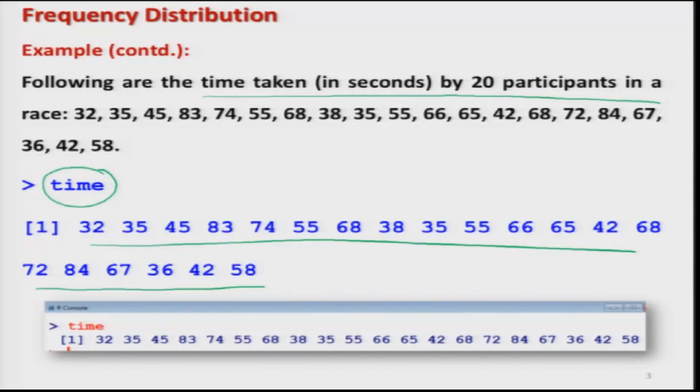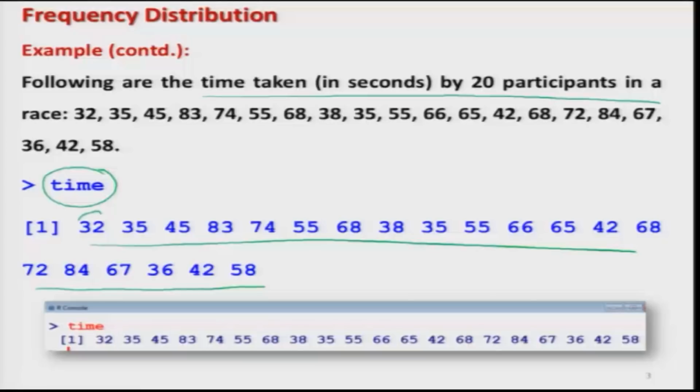Now, our objective was to create a frequency distribution. You may recall what was our first step? First step was that we tried to find out the minimum and maximum value in this data set. We had identified that 32 is the minimum value, and 84 is the maximum value.